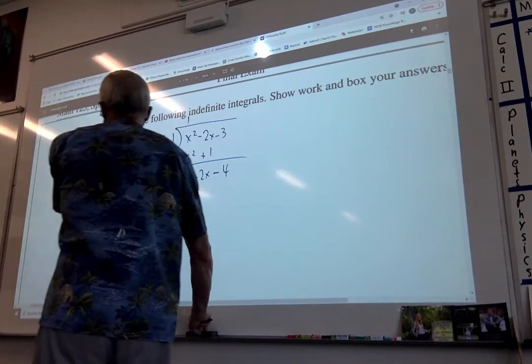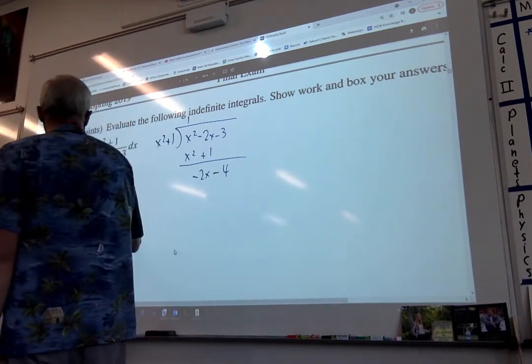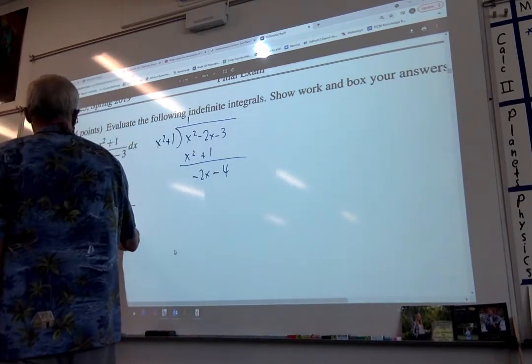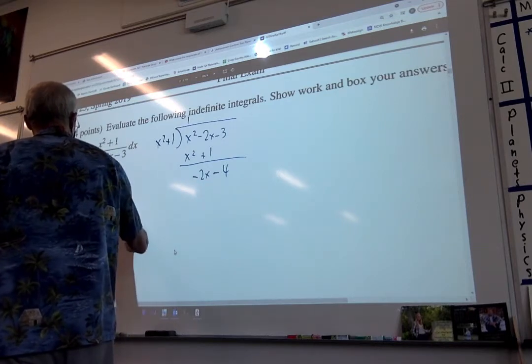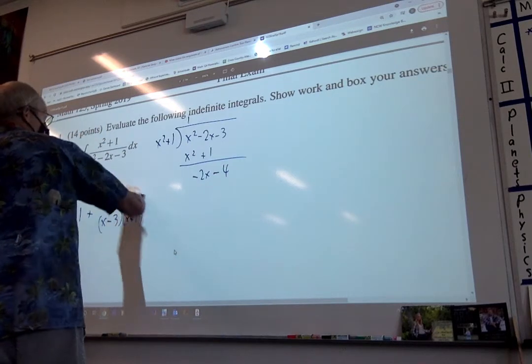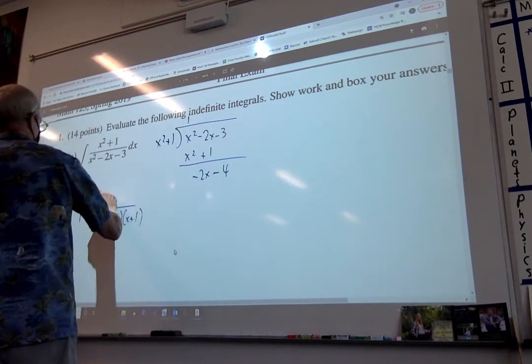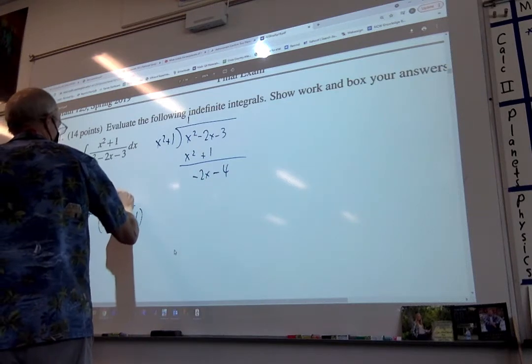Actually, I bet the bottom factors, right? Yeah. So that would be x minus 3 times x plus 1. And on the top, let's factor that. So it's minus 2 times x plus 2, dx.